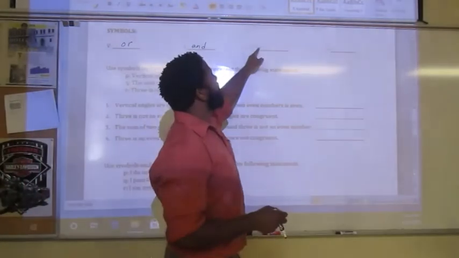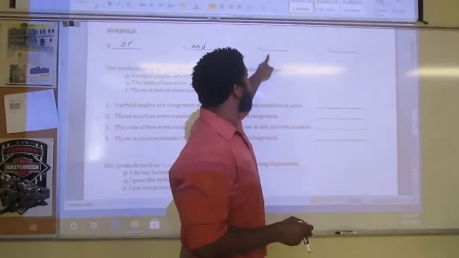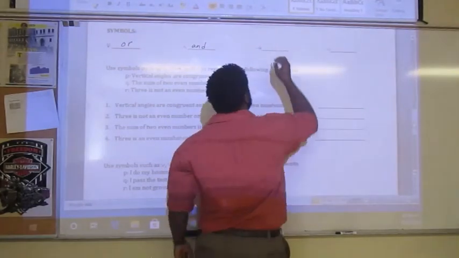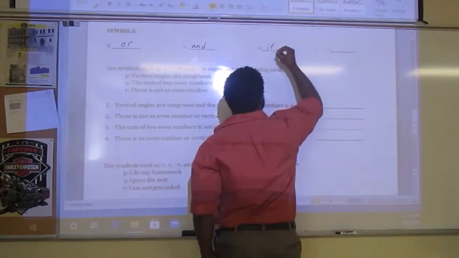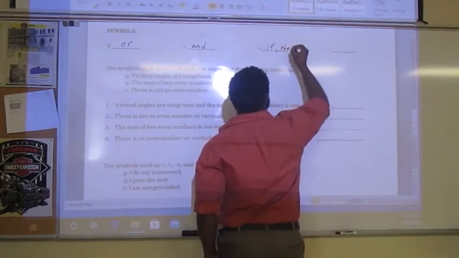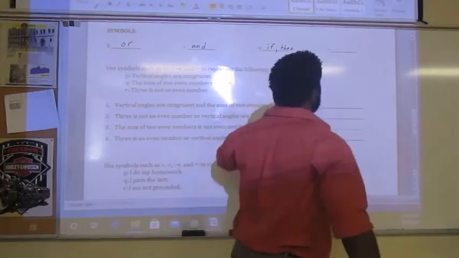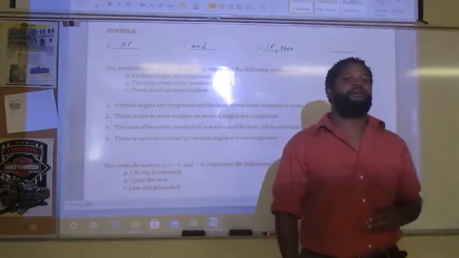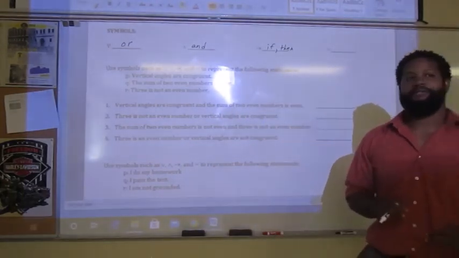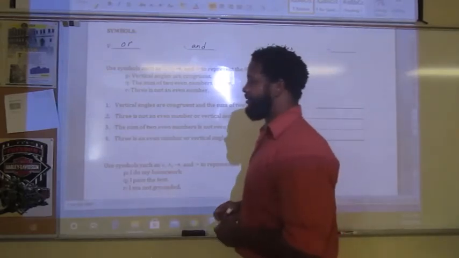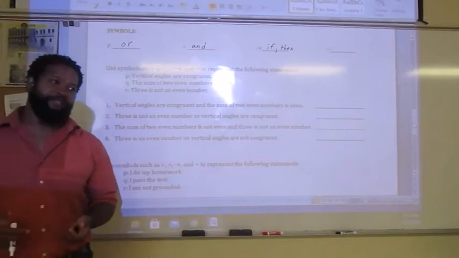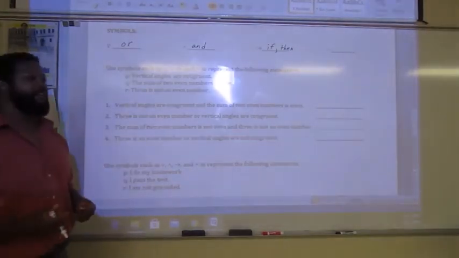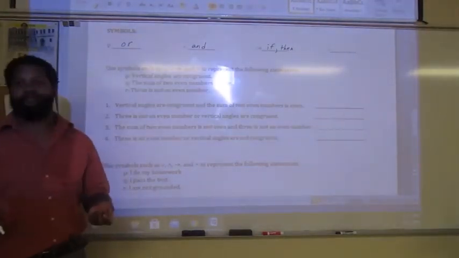And the arrow going like this means if, then. Yes. These are what your statements will be made of. You have if-then statements. If Floyd raises his hand, then Mr. Conjure will call on him.